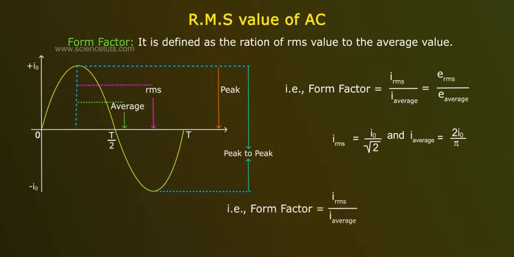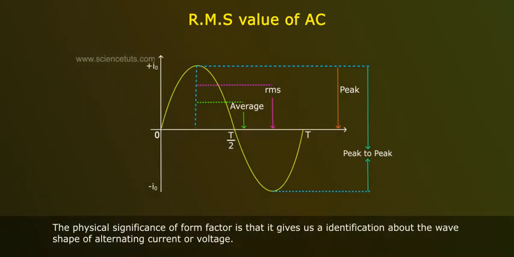Therefore, form factor equals I_RMS by I average, which gives I naught by root 2 divided by 2 I naught by pi, giving pi by 2 root 2.